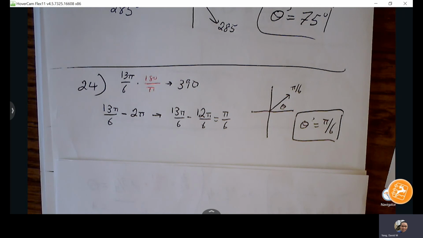So that's already the reference angle that we need. So our answer is 30 degrees, but we started with radians, so you've got to bring it back in terms of radians as well. So reference angle theta prime is pi over 6.